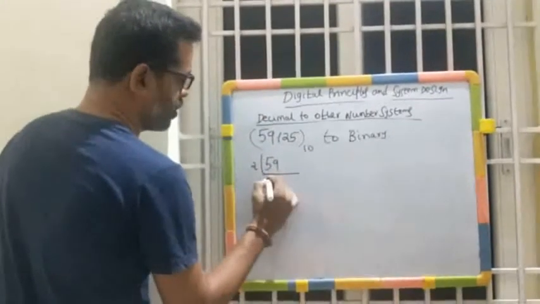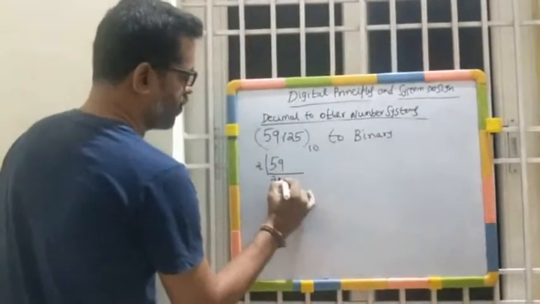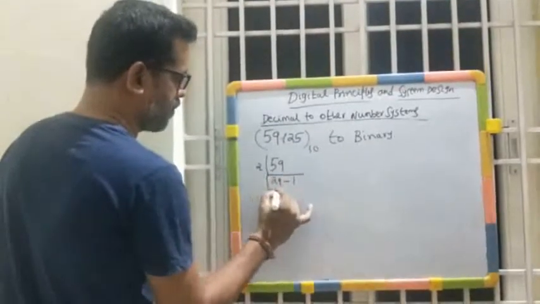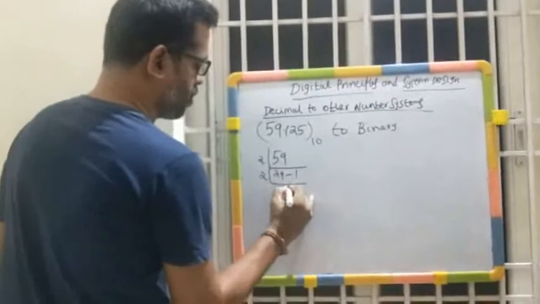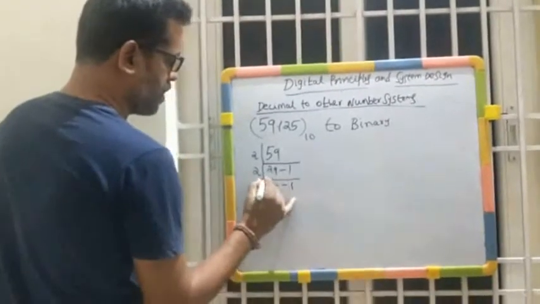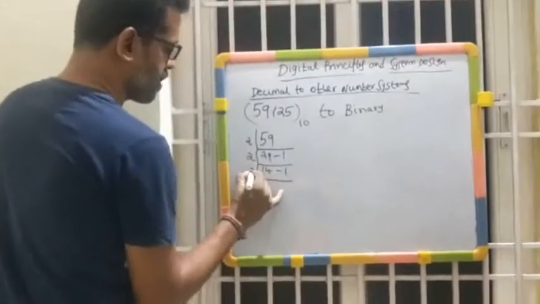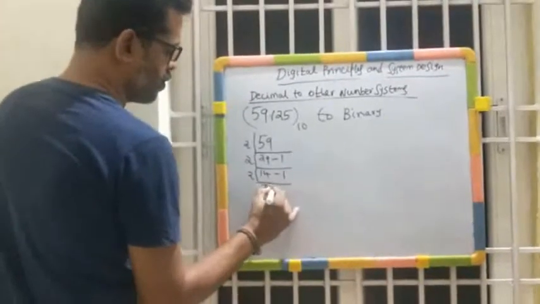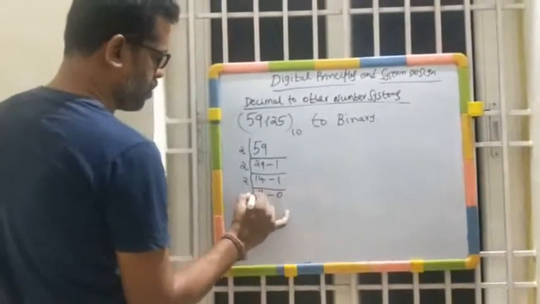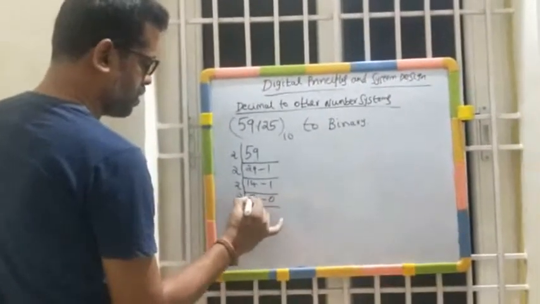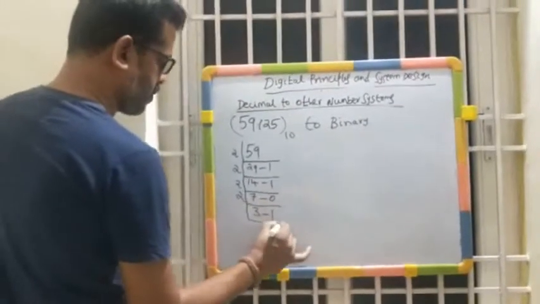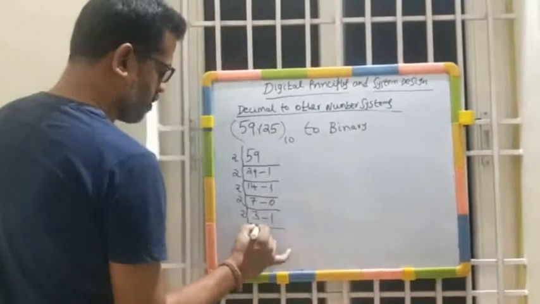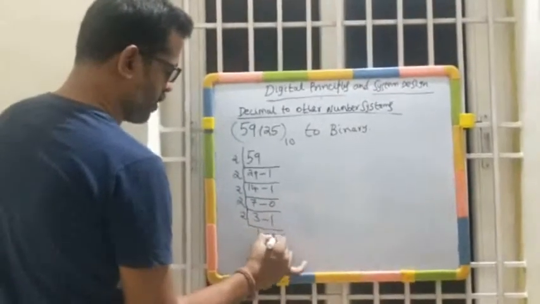29 2s are 58, remainder 1. 14 2s are 28, remainder 1. 7 2s are 14, remainder 0. 3 2s are 6, remainder 1. 1 2s are 2, remainder 1.